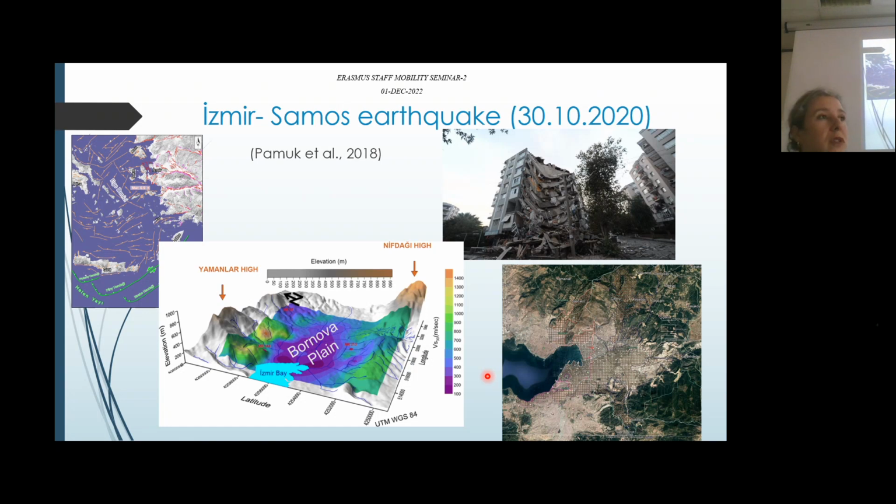That's why the municipality decided to have a consultant for the microzonation project, especially the model Bornova plane, in order to have the geotechnical data and the amplification, even liquefaction, or the other microzonation activities that we are going to have.